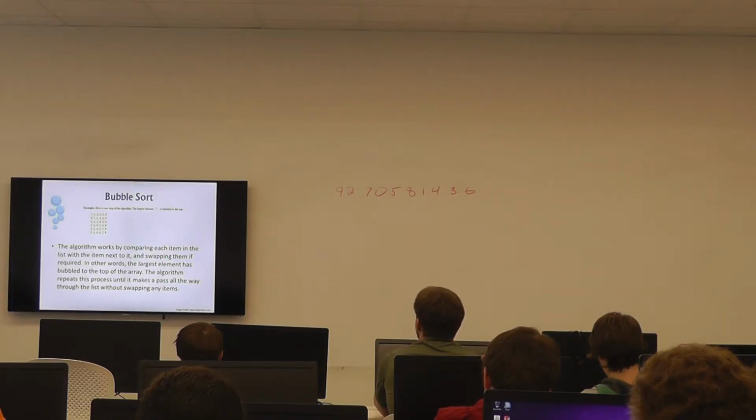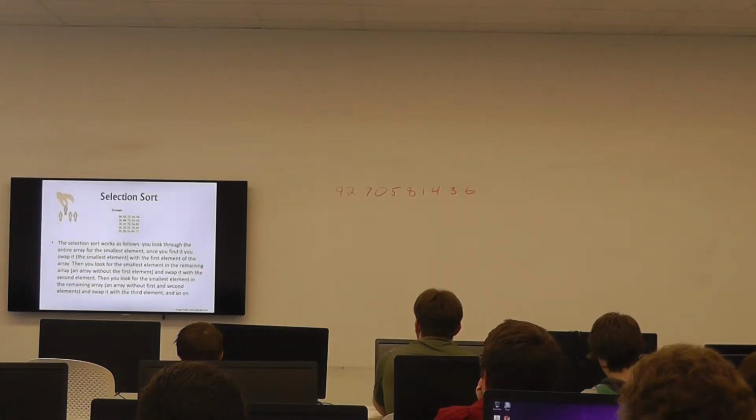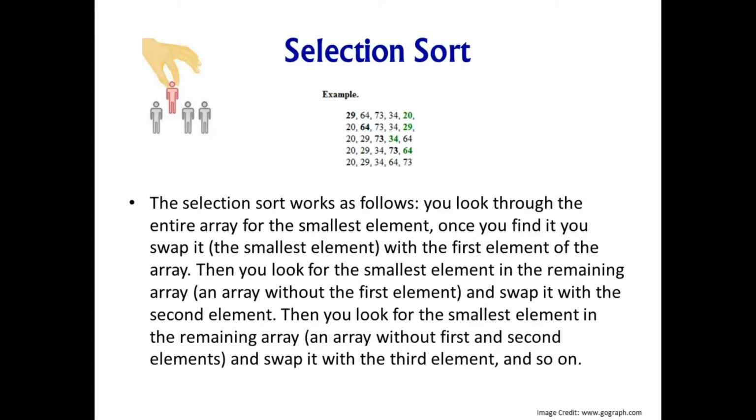Once again, different sorting algorithms work better in different situations. So that's the bubble sort. Classic way to do it. Next one's called the selection sort. So let's take a look and see what's going on here.